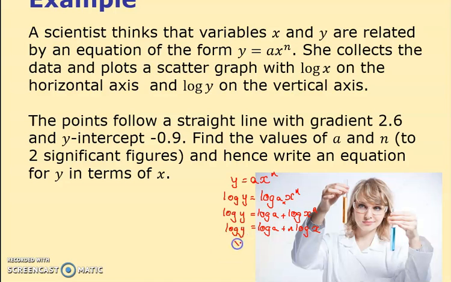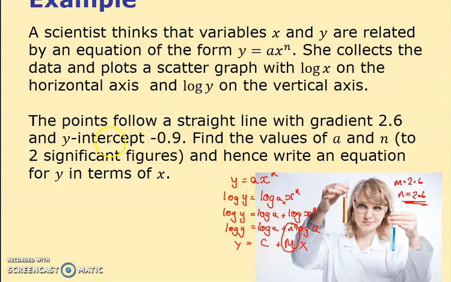So again, you line these up. Y equals mx plus c. The points follow a straight line with gradient 2.6. So my gradient is 2.6. Notice here the gradient lined up with the n, so I now know straight away n is 2.6. Didn't have to do anything to that at all.